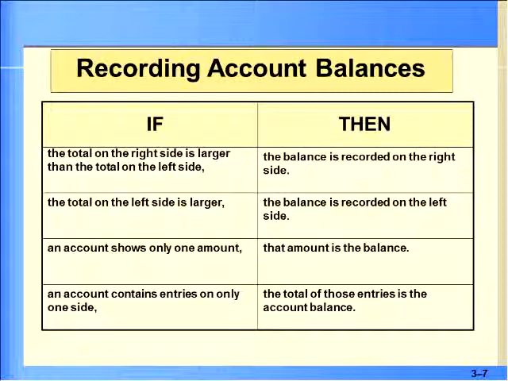If an account contains entries on only one side, the total of those entries is the account balance. So sometimes you're going to have an account that is not going to have a debit and credit. Kind of like I was talking about revenue. Revenue, you should only ever have one side, unless someone came back and said, I don't like your product, take it back. Obviously, Walmart has debits and credits on revenue. Your general small business should not.